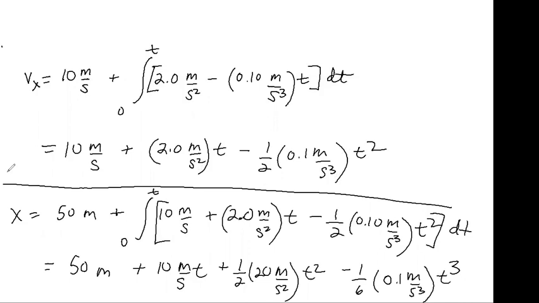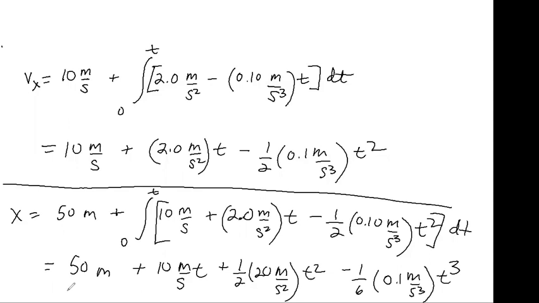Similarly, just as we took the integral of the acceleration function to give us that change in velocity, we can take the integral of that velocity function to give us the change in position.